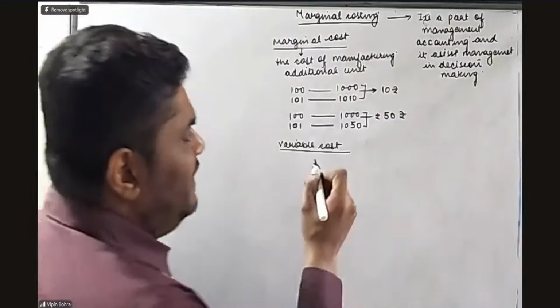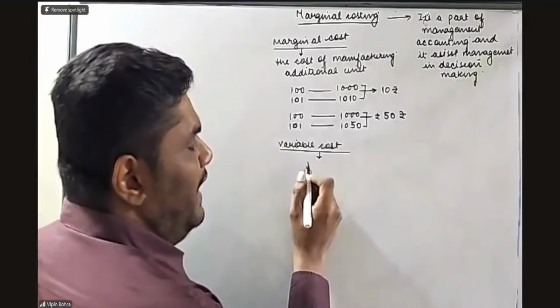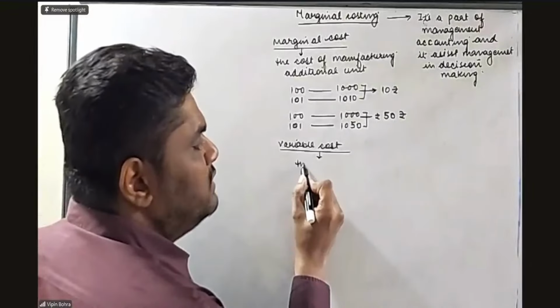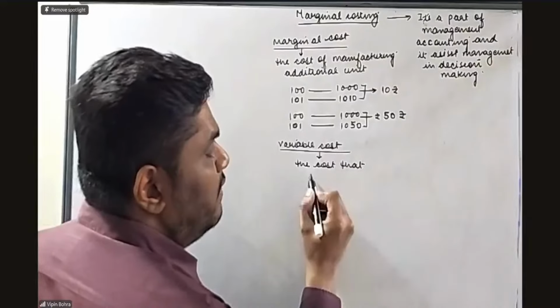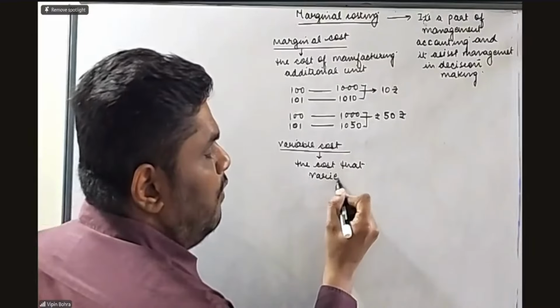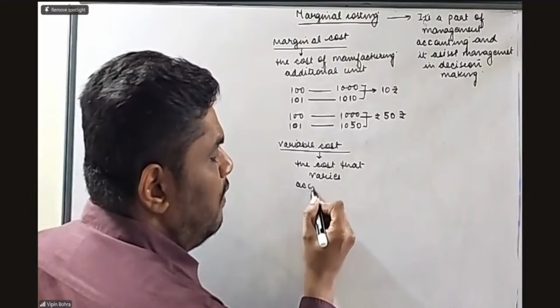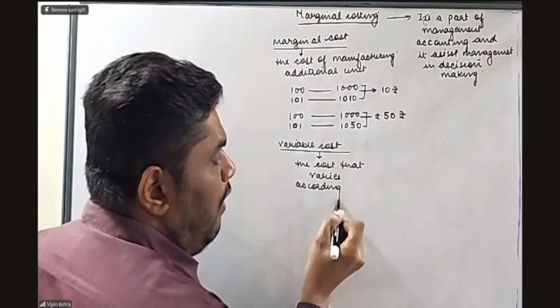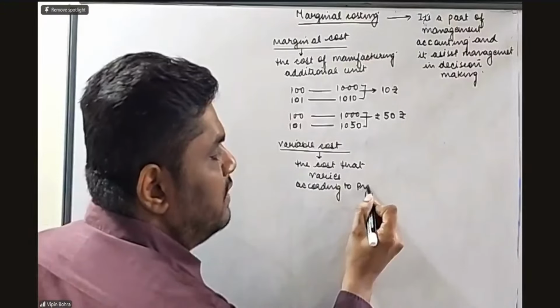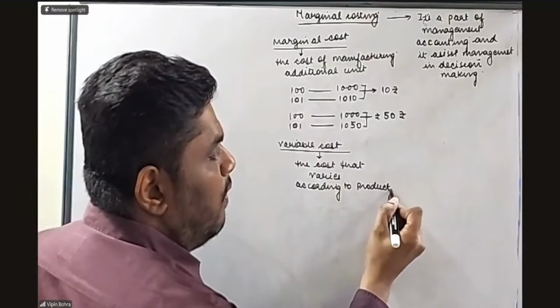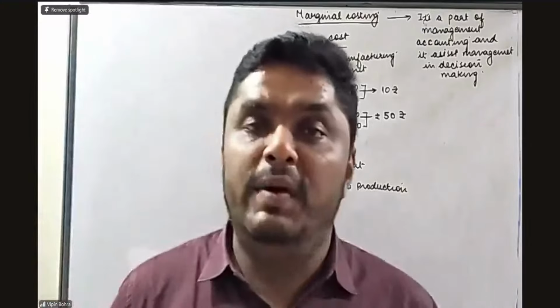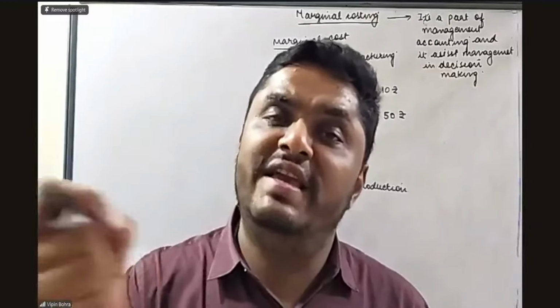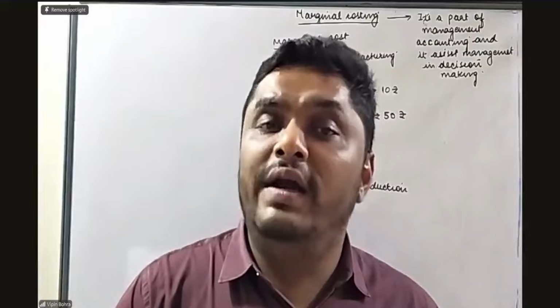When talking about variable cost, as many students mentioned, it is the cost that varies according to production. We call it variable cost.